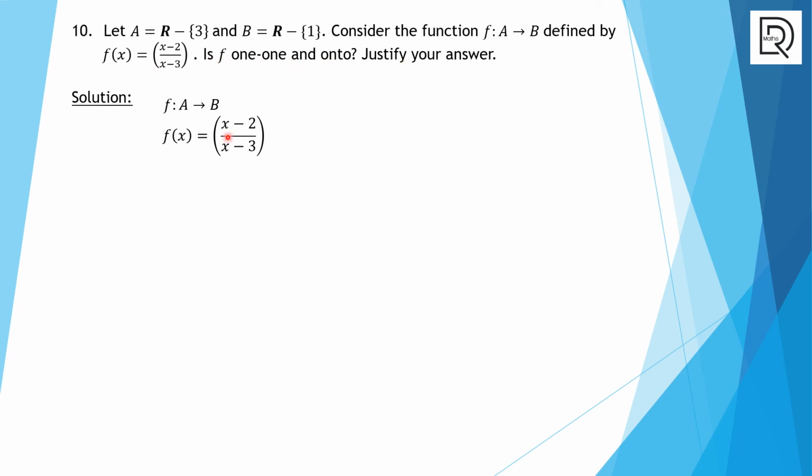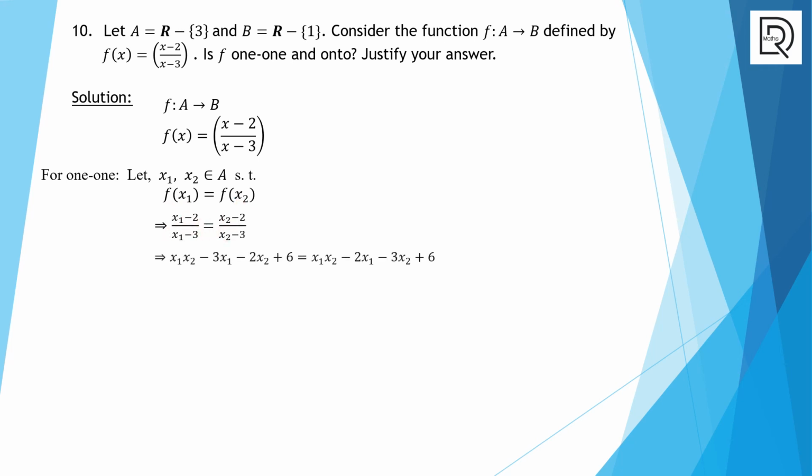Justify your answer. For 1-1, let x1, x2 belong to A such that f(x1) = f(x2). So this implies we can write like this. After simplification we get x1 = x2. So f is 1-1.